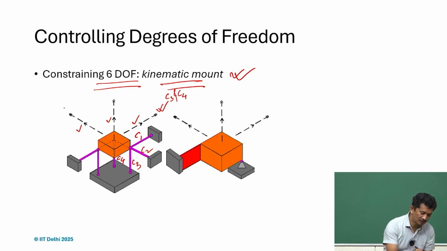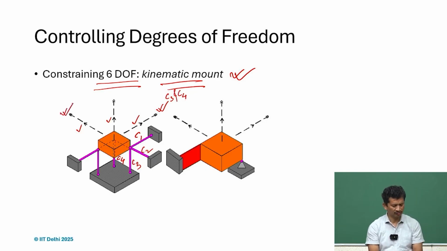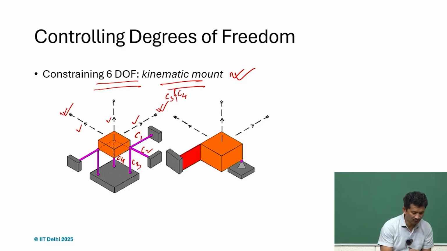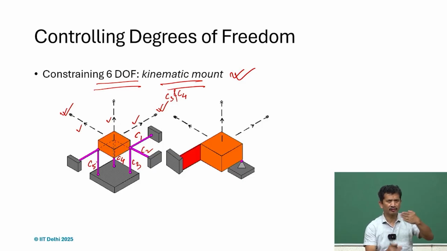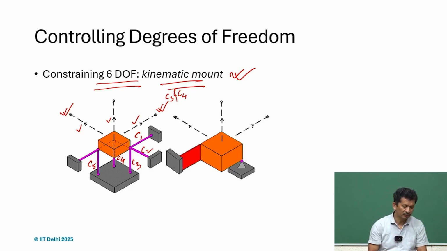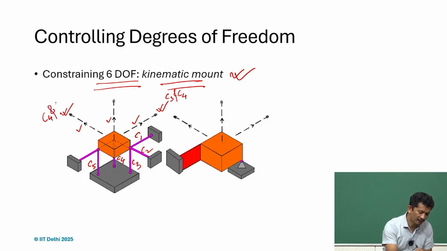Similarly, if you want to constrain this other rotation, we can name it, but anyway, what will happen? C4 and we can say C5 are perpendicular to that axis. The plane perpendicular to that axis, or the normal, they should coincide, and then C4 and C5 will constrain that rotation. So, this is C4 and C5.